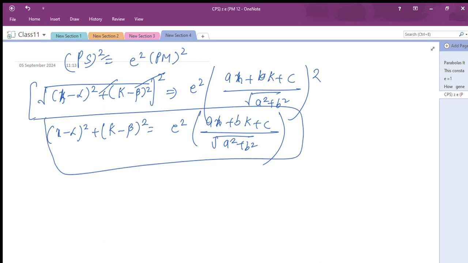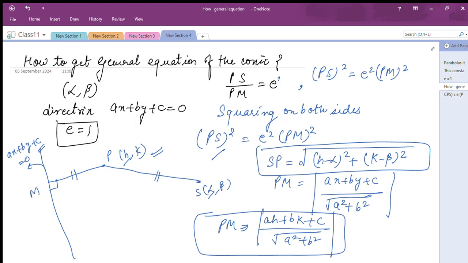Okay, so what we have done: first we find the distance SP, and the SP distance is h minus alpha whole square plus k minus beta whole square, and then we find the PM and put this point into this equation, which is the equation of the directrix that has been given, ah plus bk plus c.